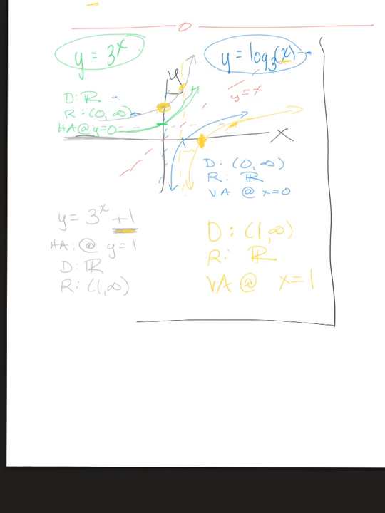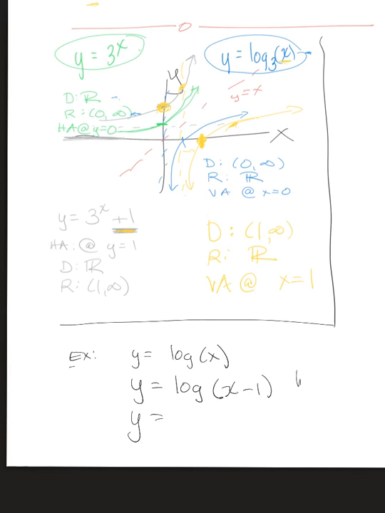So then I have, for example, y equals log of x. That would be your parent. If I wanted to demonstrate a horizontal shift to the right, remember we're affecting the domain value, so this is a horizontal shift right 1.